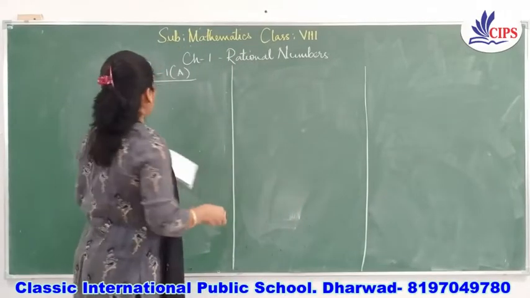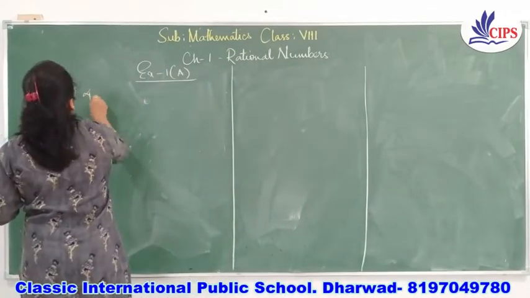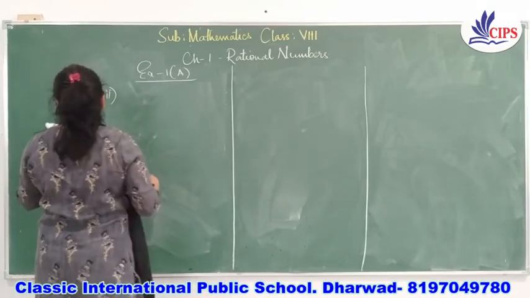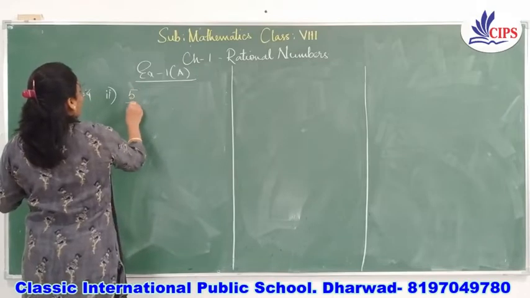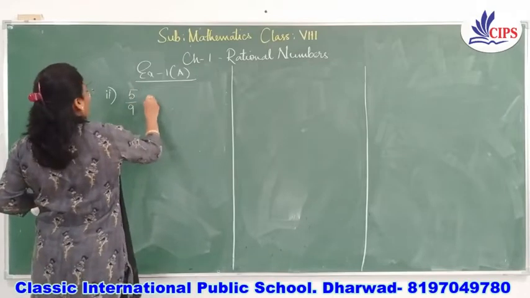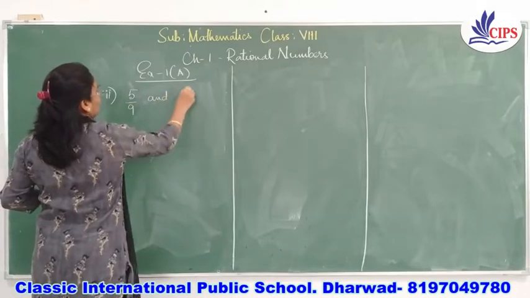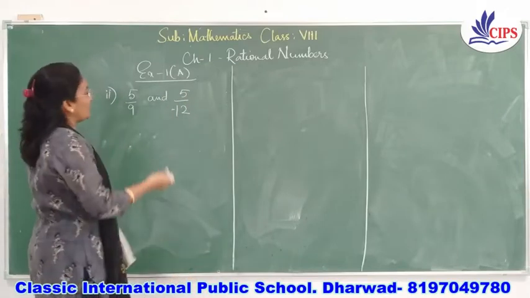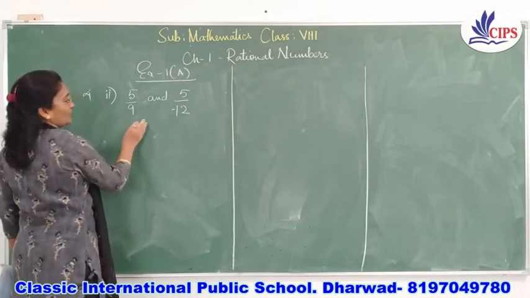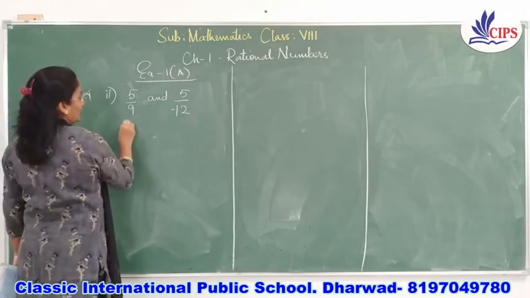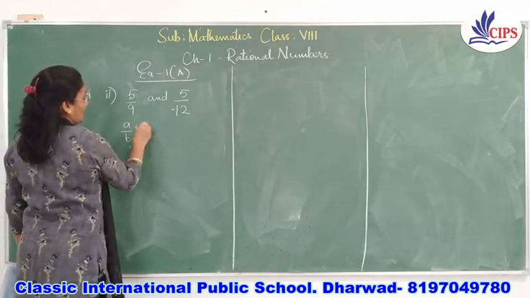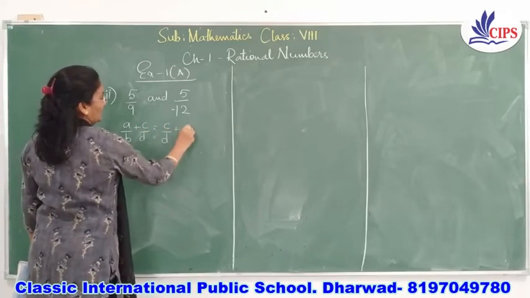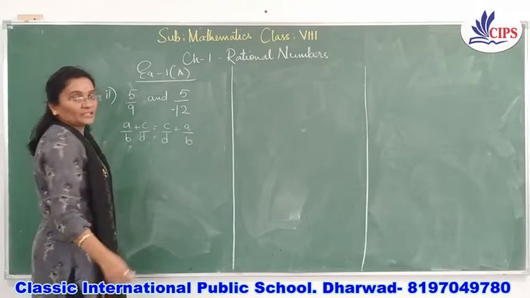Now we'll verify the second sum, that is fourth Main second one. 5 by 9 and 5 by minus 12. So here they have given us two numbers. So using the commutative property we have to solve this. We'll state that A by B plus C by D is equal to C by D plus A by B. We'll substitute the numbers.